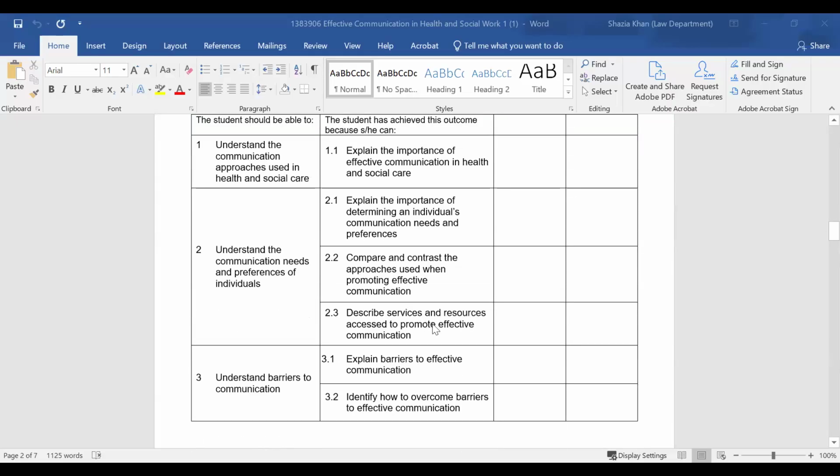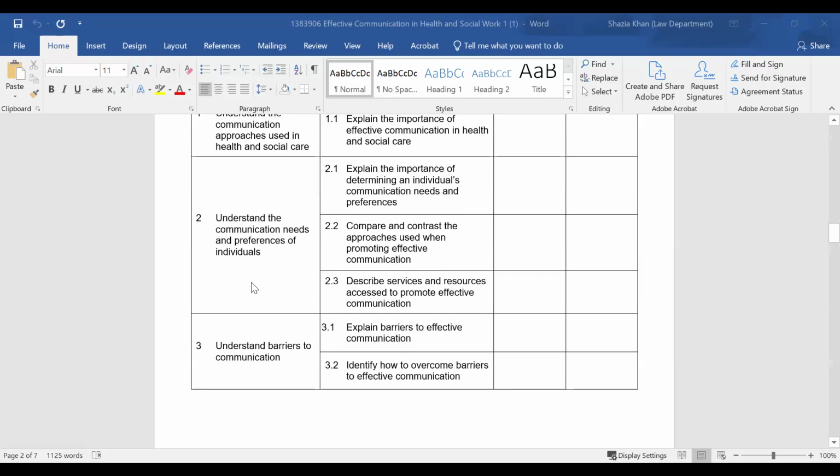We have learning outcome 1, which we'll be doing today, which is to understand the communication approaches used in health and social care. We'll be looking at 1.1, which is to explain the importance of effective communication in health and social care. Learning outcome 2 is to understand the communication needs and preferences of individuals.